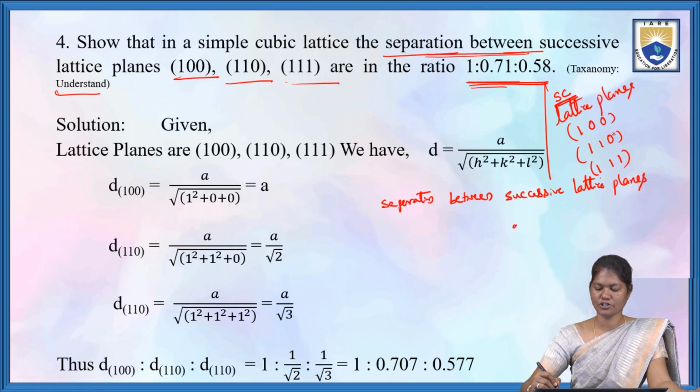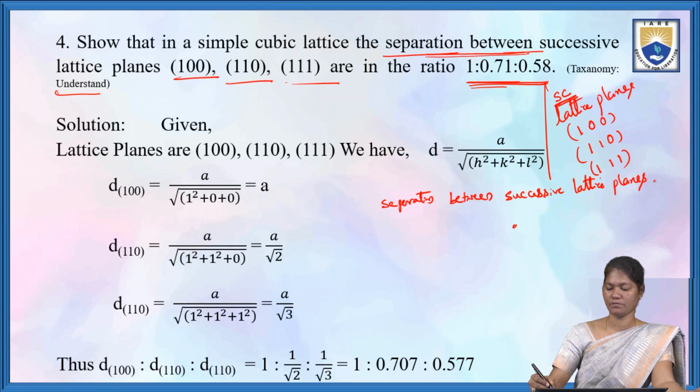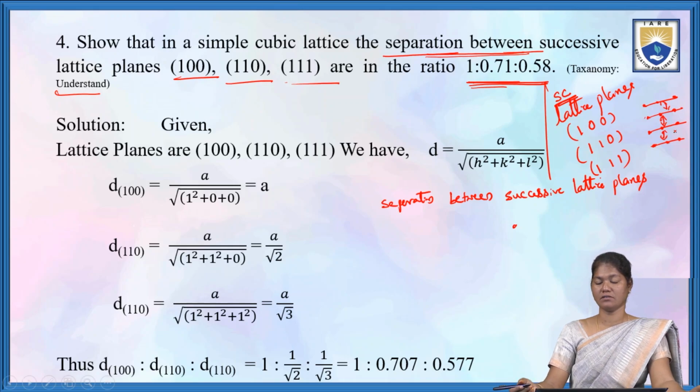What is the separation between two successive planes if the structure is like this? What is the separation between this plane and this plane, successive planes?